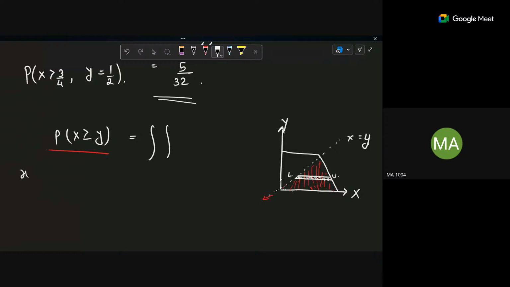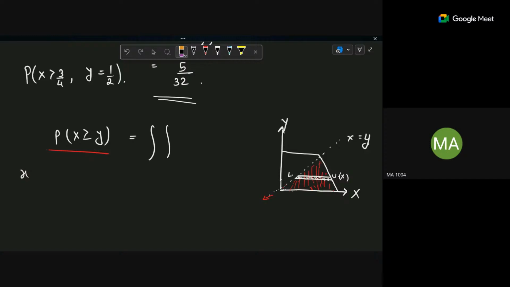And this will be the upper limit for what? This will be the lower limit of x, and this will be the upper limit of x. And you will integrate it over y from 0 to whatever the value y has here, right?